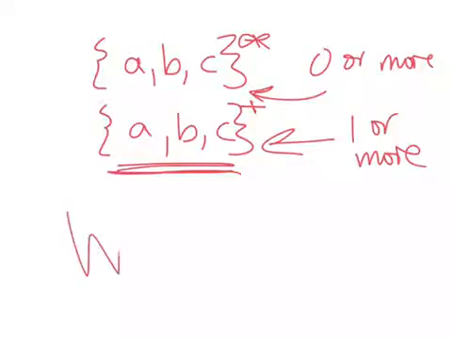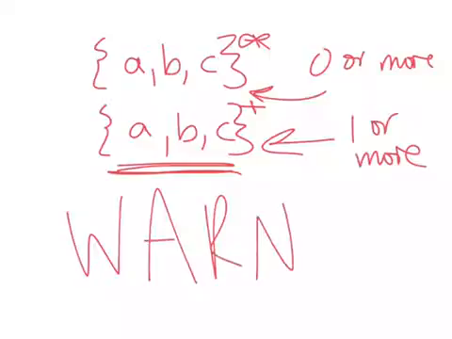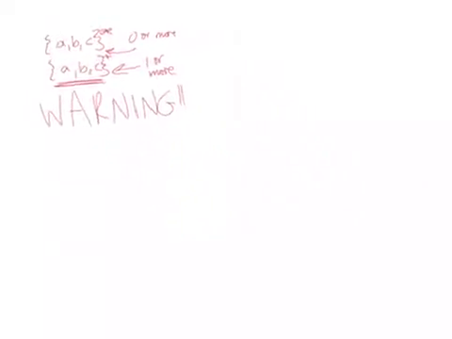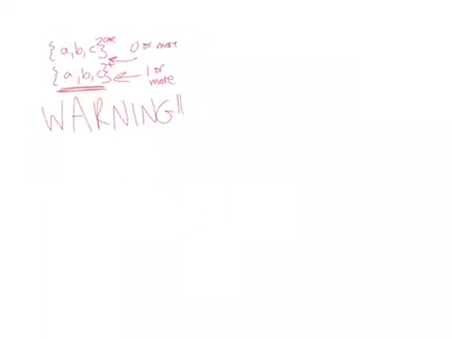Now here's the big warning, right? And now I have to shrink it to make some room, but you'll remember it's a big warning, right? When you're talking about regular expressions, you can talk about A star, that's totally fine.